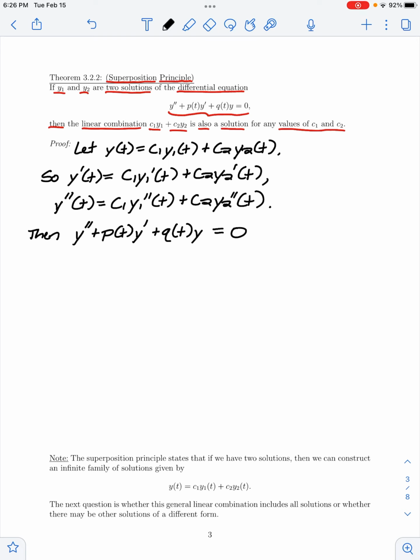So substituting these expressions in, we found y double prime was c1 y1 double prime plus c2 y2 double prime.